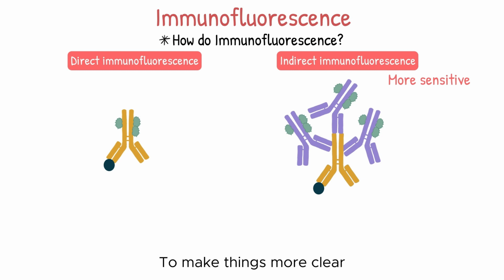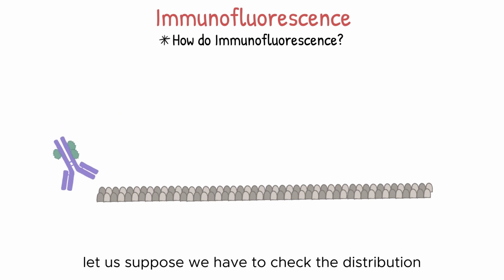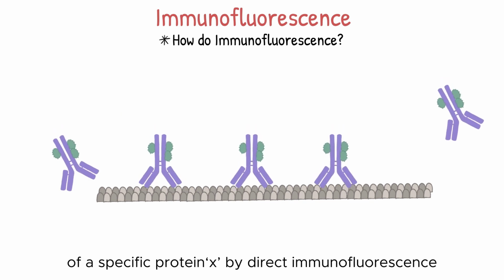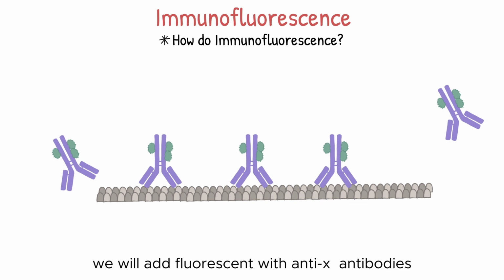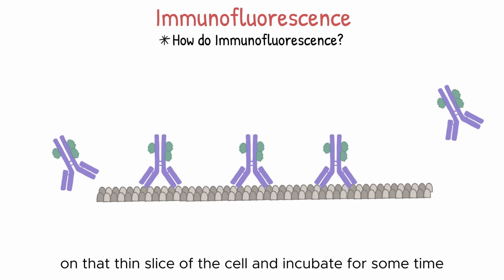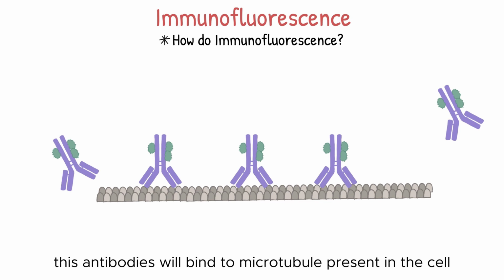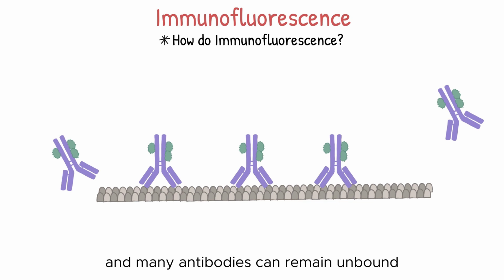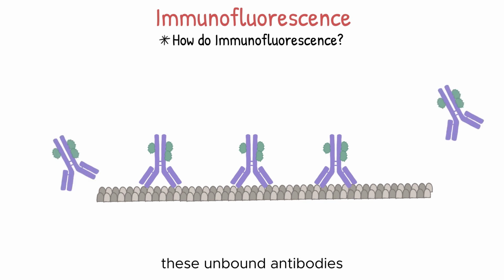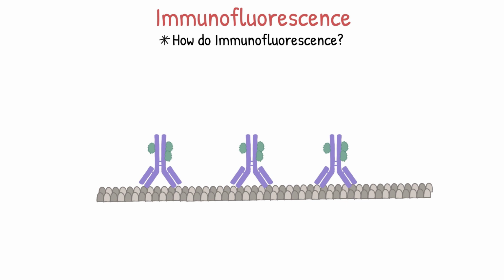To make things more clear, let us suppose we have to check the distribution of a specific protein X by direct immunofluorescence. For that, we will add fluorescence-tagged anti-X antibodies on a thin slice of the cell and incubate for some time. During the incubation period, these antibodies will bind to the microtubule present in the cell, and many antibodies can remain unbound. These unbound antibodies can be removed by washing the slide with the help of a buffer.